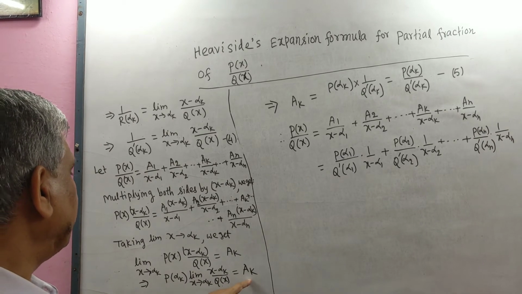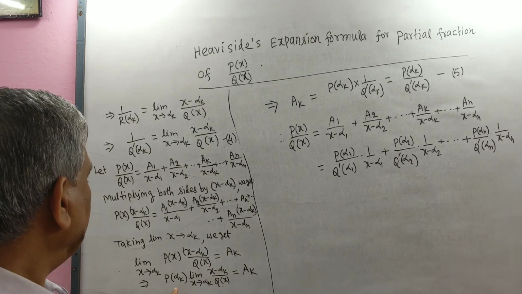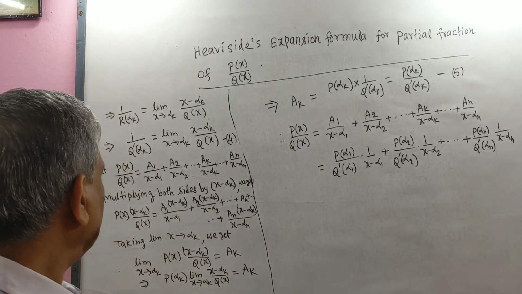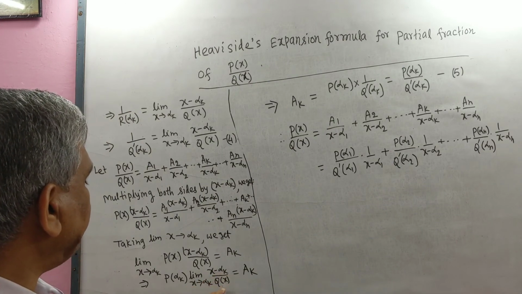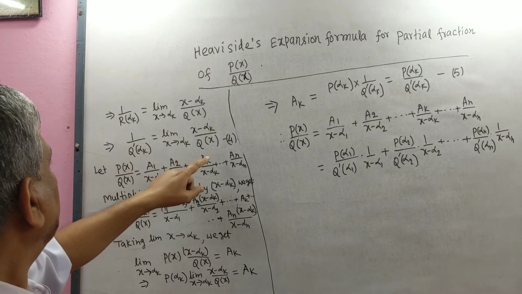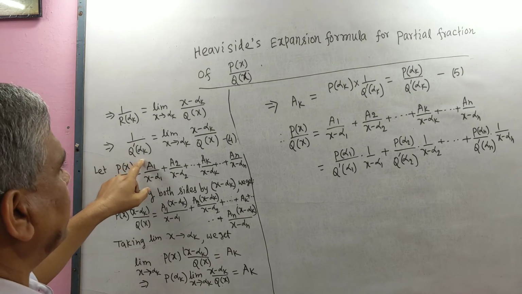Therefore a_k may be written as P(alpha k), and the limit x tends to alpha k of (x minus alpha k)/Q(x) is 1 by Q dash alpha k.